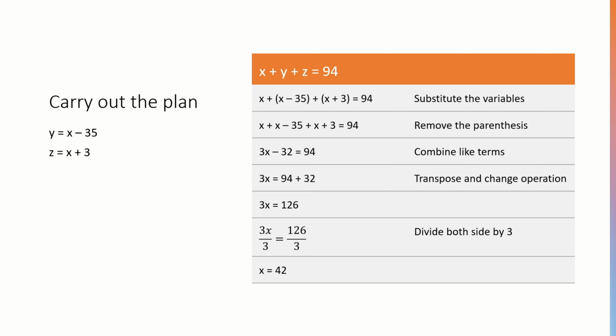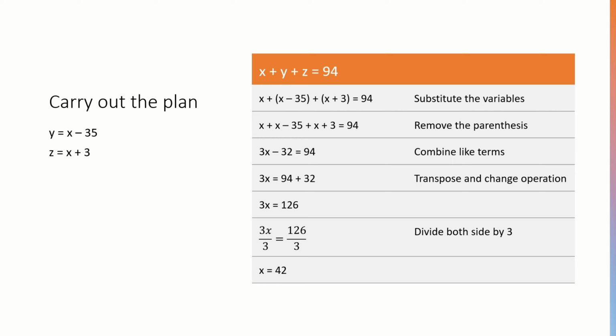So first, we have x plus y plus z equals 94. Now, let's substitute the variables. So we'll have x plus the quantity of x minus 35 plus the quantity of x plus 3 equals 94. So we will remove the parentheses and we'll get x plus x minus 35 plus x plus 3 equals 94.